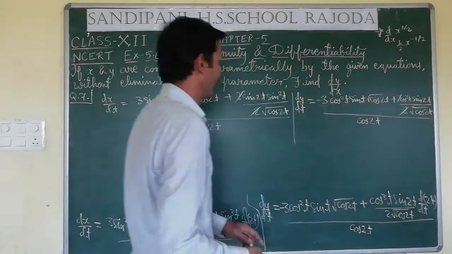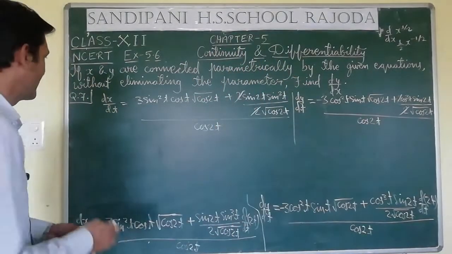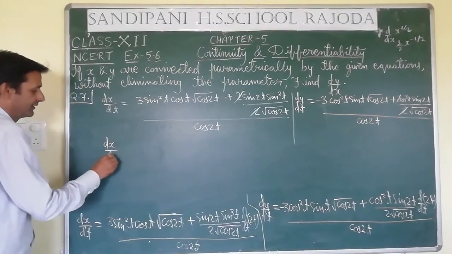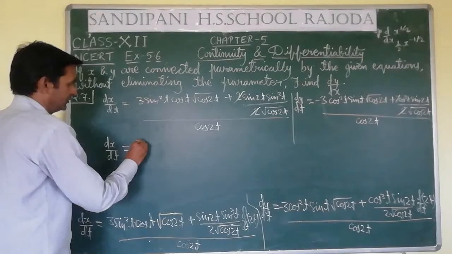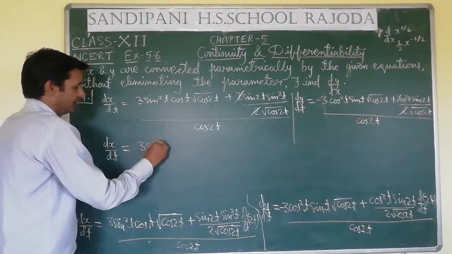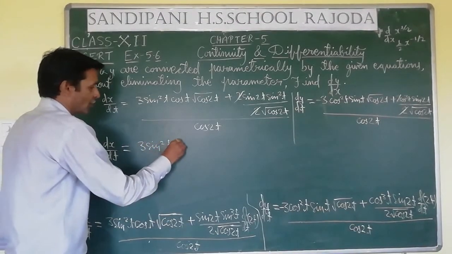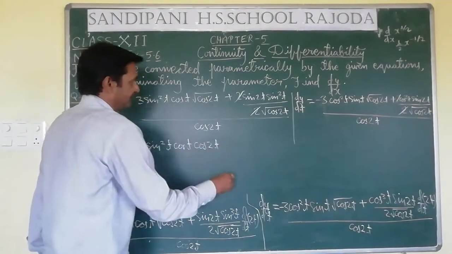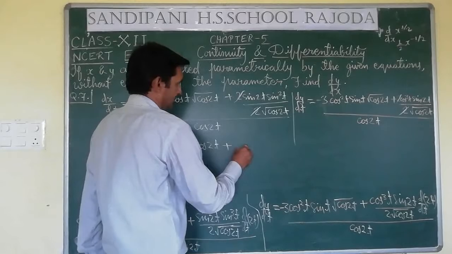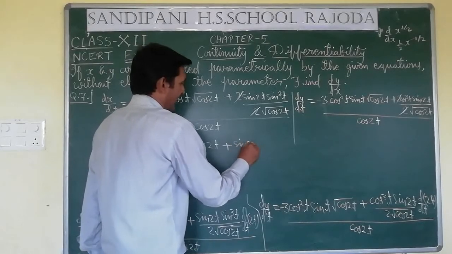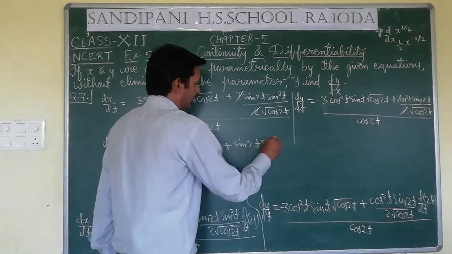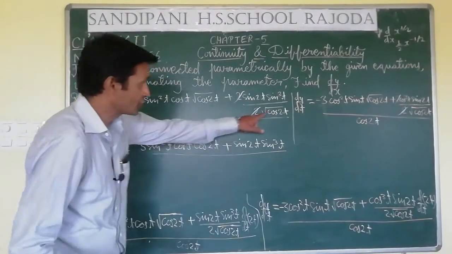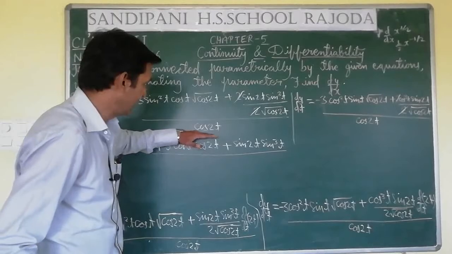Now see what will happen. If we take root cos 2t as LCM, then dx by dt is equal to 3 sin square t cos 2t plus sin 2t sin cube t upon cos 2t raised to the power half, and it is cos 2t.